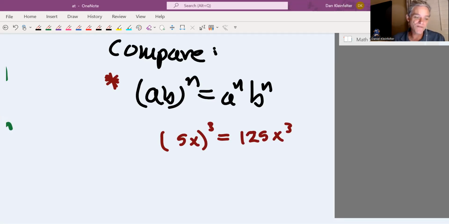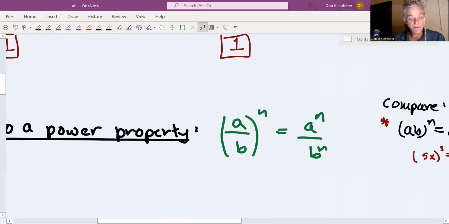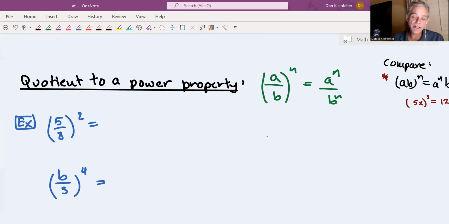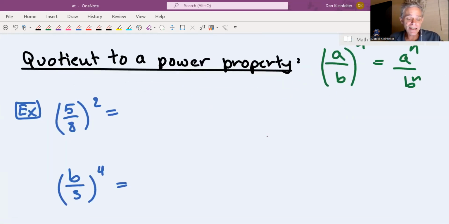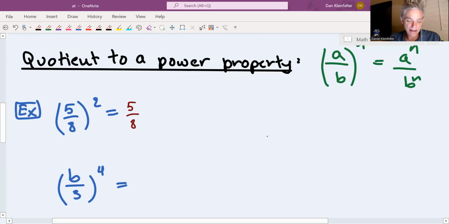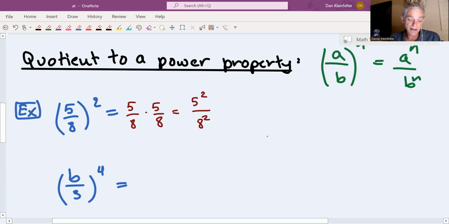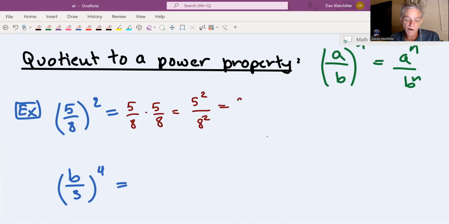We could cube each of the factors. This one says if you have a quotient raised to a power, that you could give the numerator and denominator that exponent. So for example, 5/8 squared is the same as 5/8 times 5/8. And we know from fractions that that's 5 squared divided by 8 squared. And there's that exponent rule. We'll go ahead and finish though.